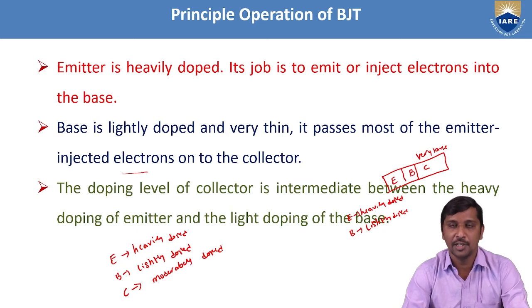The collector is moderately doped, lying between the doping levels of the base and emitter, but the width of the collector is very large.